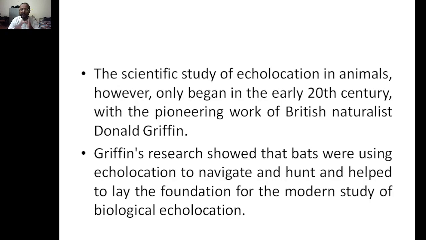Donald Griffin's research showed that bats were using echolocation to navigate as well as to hunt, and helped lay the foundation for the modern study of biological echolocation. You can say that it is basically inspired from bats because of Griffin's study.